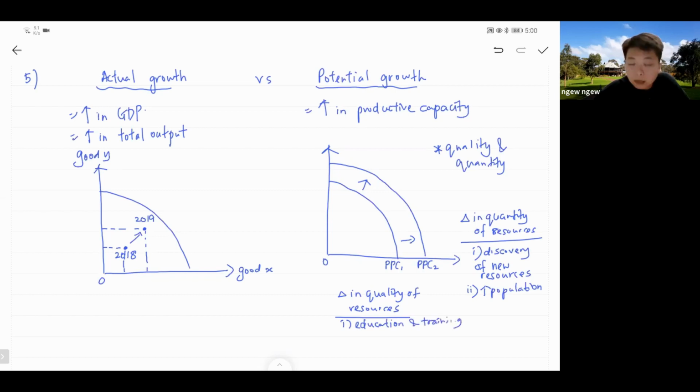Okay, you make your workers more productive. Or maybe the company or the country is now using advanced technology. So advancement in technology. These are the possible reasons for rising productive capacity, which means shifting your PPC outwards, making the country able to produce more of both goods now.